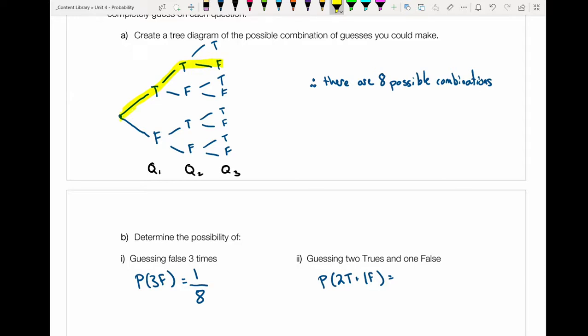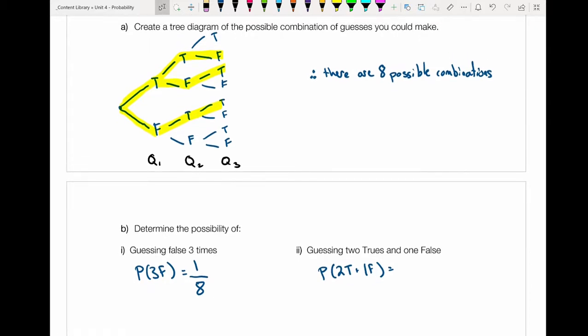Then you can also have true, false, true, so still 2 trues, and false, true, true. Those are the only 3 options. So there are 3 pathways that give us 2 trues and 1 false, which means the probability is 3 over 8.